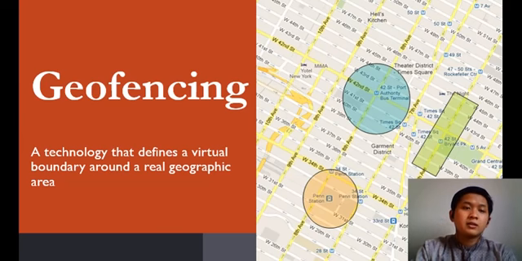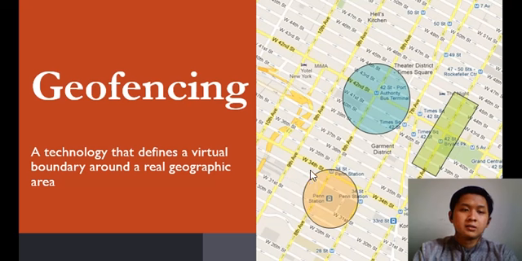Okay, after this introduction, let me explain a little about geofencing. Geofencing is a technology that defines a virtual boundary around a real geographic area. As we can see in the picture on the side, there are blue and orange circles on a map.